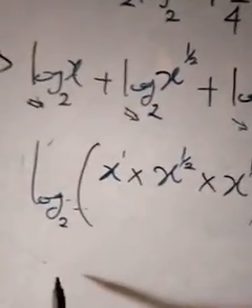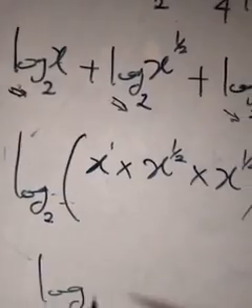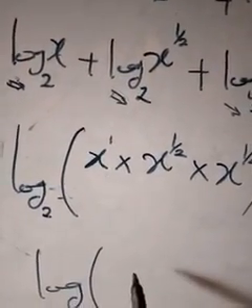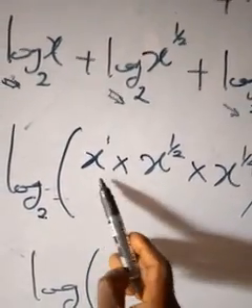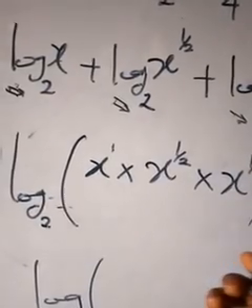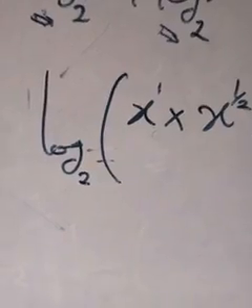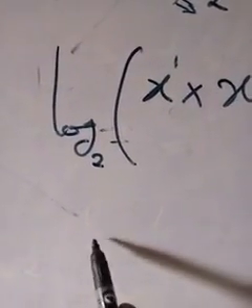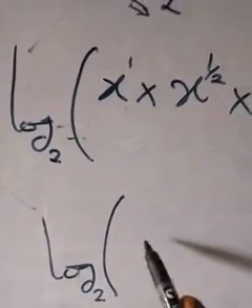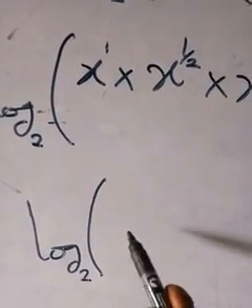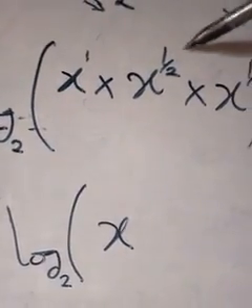Then log, open bracket. Look at this, it is indices now. Then we sum. This is indices. We have log, this is base 2. Then we pick x, then we sum all the exponents together.